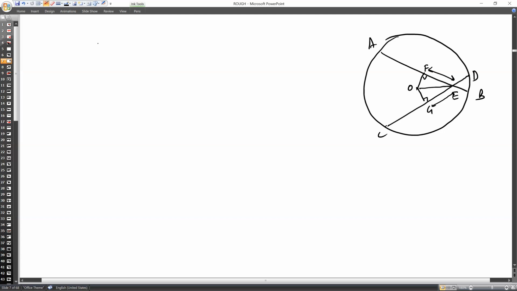So you will take triangle FEO and the other triangle will be GEO. Now you have drawn a perpendicular on the equal chords, and these are the two equal chords. So like the previous one, you will say that OF is equal to OG.